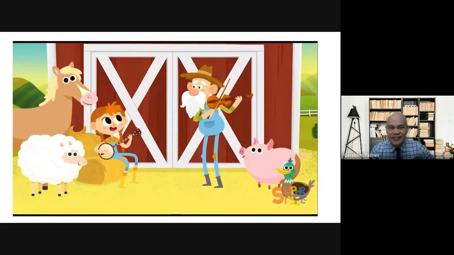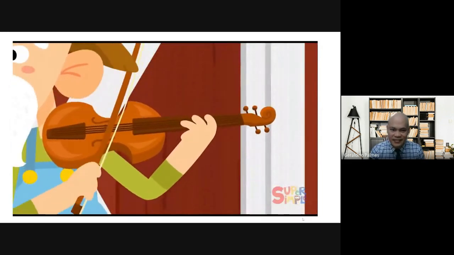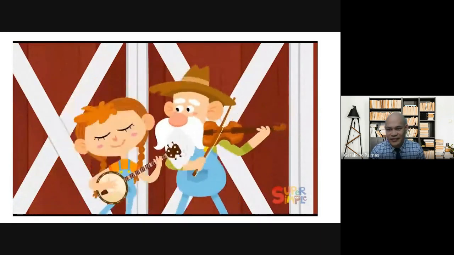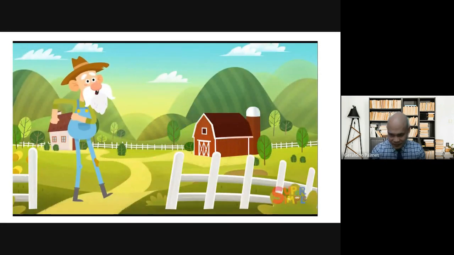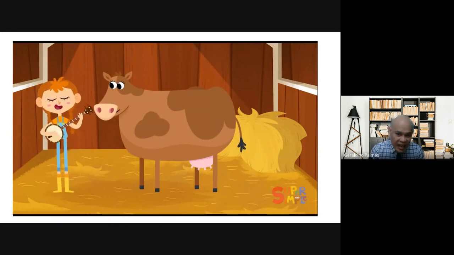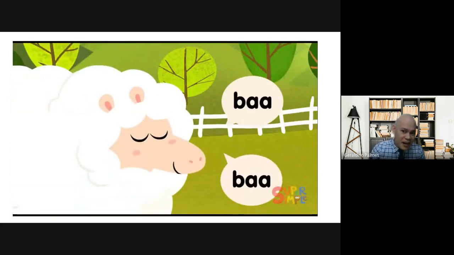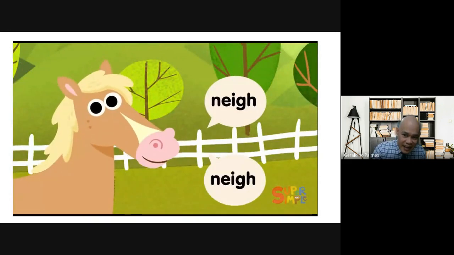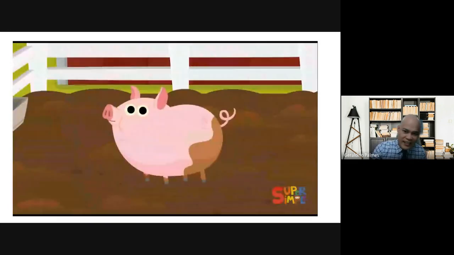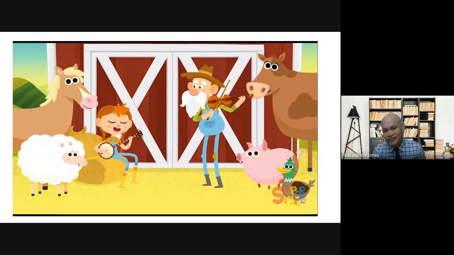Old Macdonald had a farm, E-I-E-I-O. And on that farm he had a cow, E-I-E-I-O. With a moo-moo here and a moo-moo there, and a baa-baa here and a baa-baa there, and a neigh-neigh here and a neigh-neigh there.